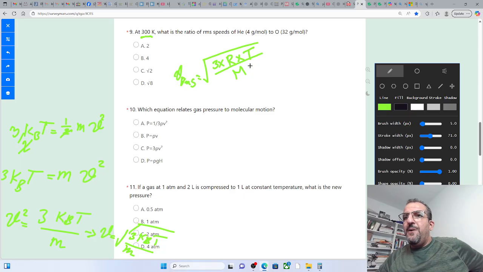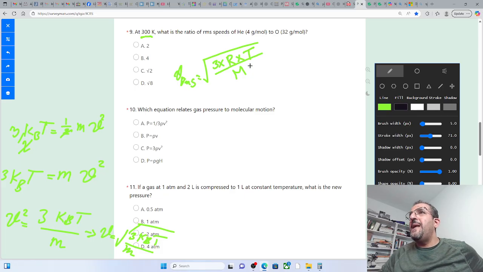Now if I use the mass in the denominator, I need to use Planck's constant. If I'm using the molecular mass, I need to use the gas constant.